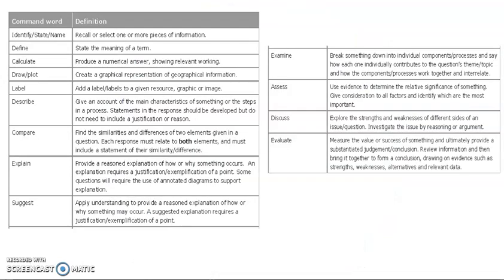So just a quick recap, having a look at all the different command words that we've looked at. These are the simpler command words. We did a series on examine, a command word that turns up in the rivers and coast section, and now we're going to focus on the assess and evaluate command words.